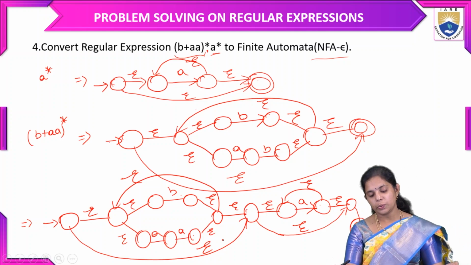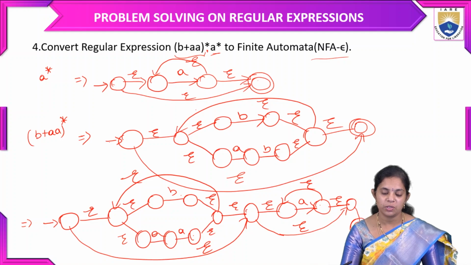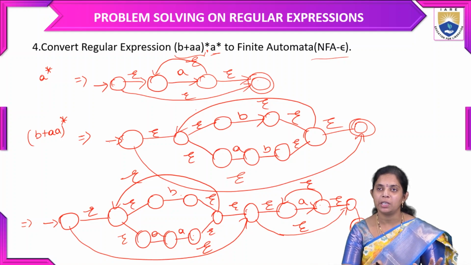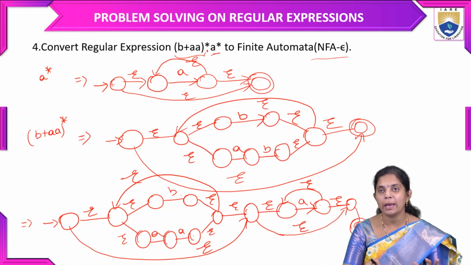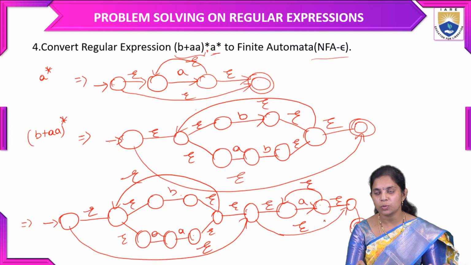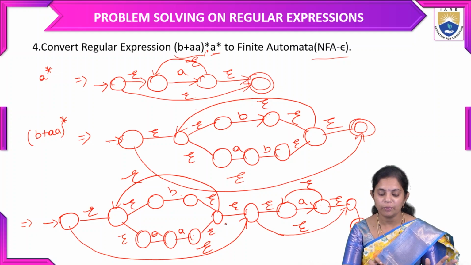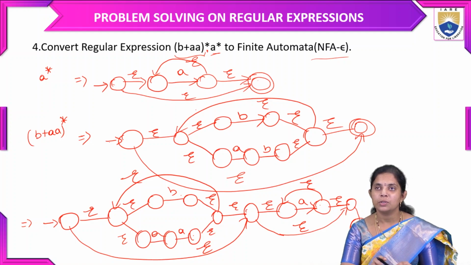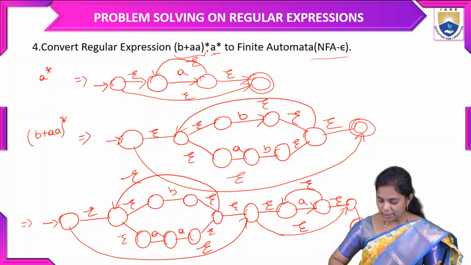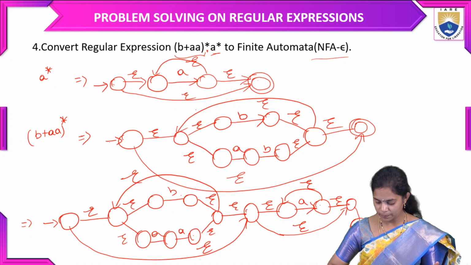So like this we need to write the epsilon NFA for the regular expression. So the epsilon closure we need to write, and when we have to combine together, it is a concatenation operation, so that we are writing the value, combined together as one finite automata. So this is about the regular expressions and regular languages grammars.